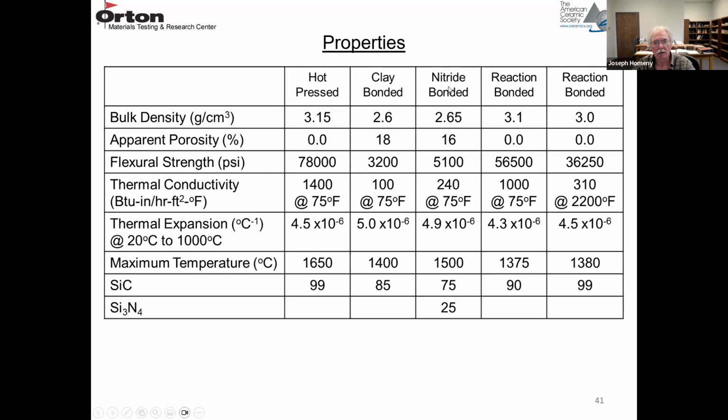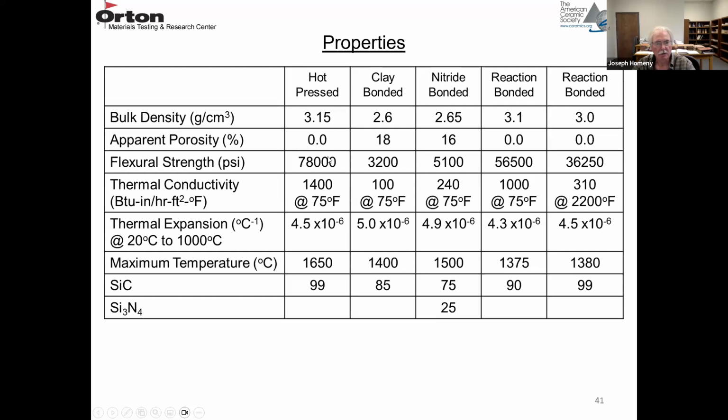Clay and nitride bonded have porosity. If you look at the porosity, hot pressing gets you close to 0. Clay and nitride bonded are typical, 16 or 18%. Reaction bonded is also low porosity, so the densities are pretty high, 3.1 and 3.